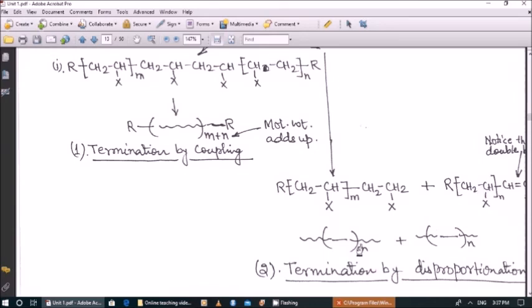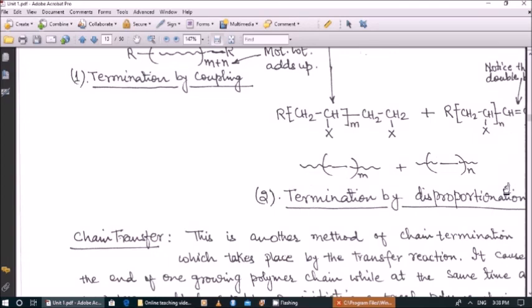The molecular weights of these two dead polymer chains will be m and n. This kind of termination is known as termination by disproportionation. Why disproportionation? Because one hydrogen atom is being given to one chain, so there is an excess of one hydrogen atom in my first chain and a lack of one hydrogen atom in my second chain. So this is termination by disproportionation.